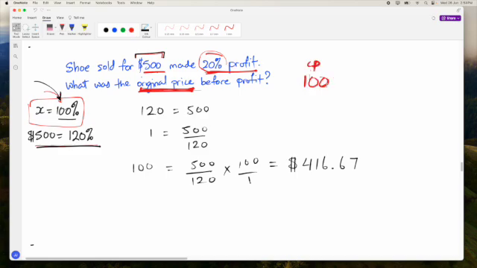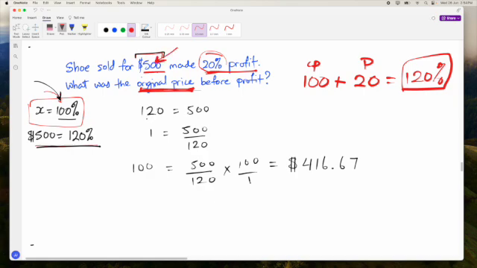That is, you make back your 100, plus 20% profit. And so in terms of percentage, that is 120%. This is what represents the new value, that is what the shoe sold for. This is what you sold the shoe for, and the shoe sold for $500.